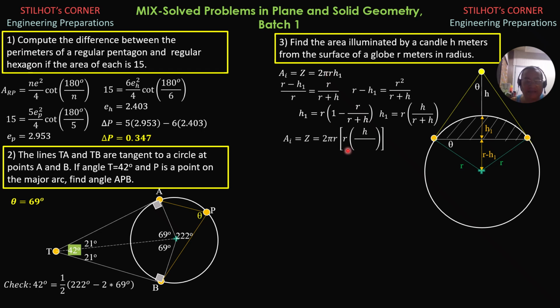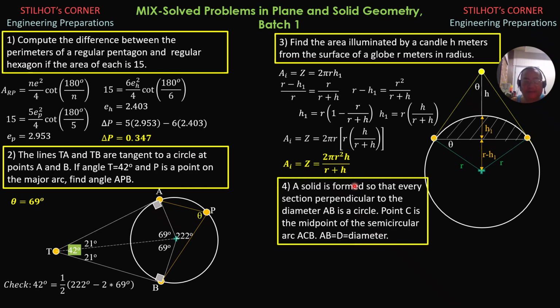Zone area is 2 pi r times r times quantity h over r plus h. So the illuminated area is 2 pi r square h over r plus h. So that's it for problem 3. Then we proceed to problem 4.